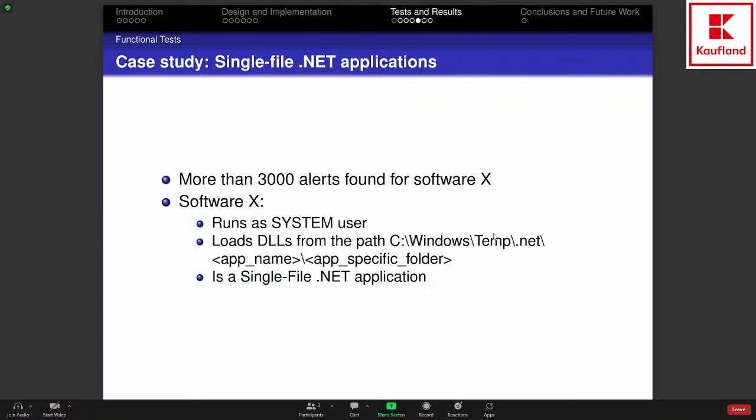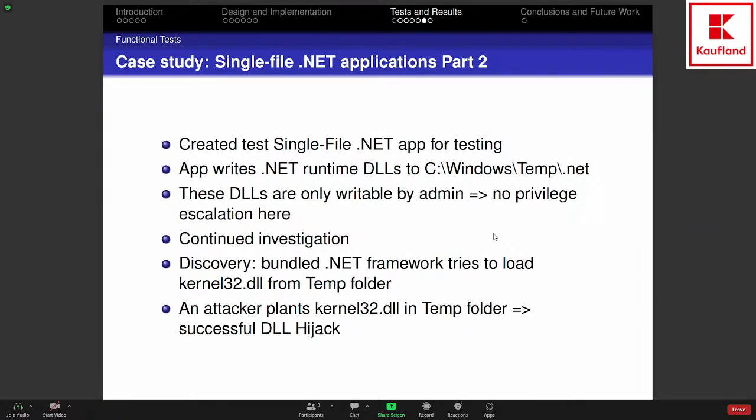And when searching more about it, we discovered the single-file .NET application publishing framework, which is a relatively new technique, about two to three years old, in which a .NET application is bundled as a single file, and when you execute it, it writes DLLs to temp and then loads them. We wrote a test application with that framework and studied it.